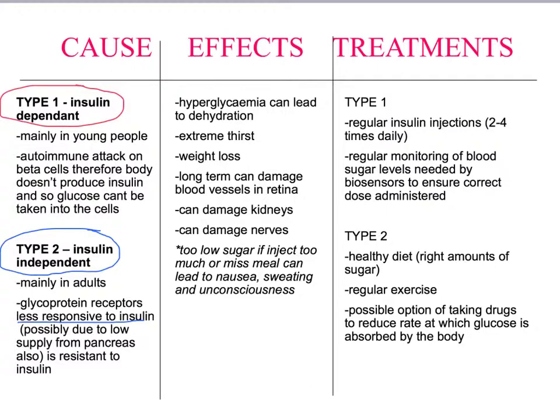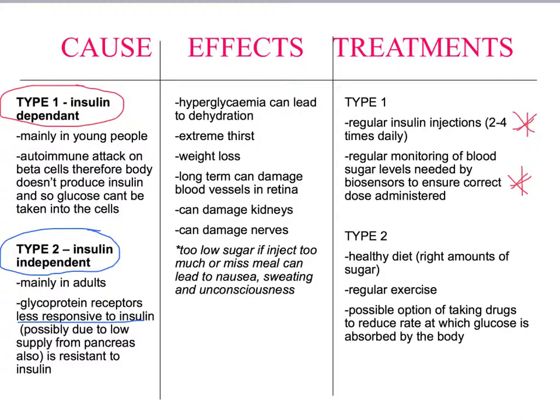So it's not so effective. Now for type 1 diabetics, because there is a problem actually producing the insulin, they would need, as we've got over here on the right, regular insulin injections. And monitoring of the blood glucose level is essential to make sure that you don't miss the injection, or that you are injecting the right amount.